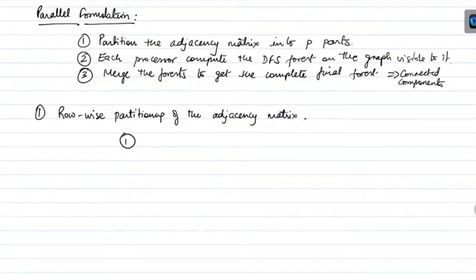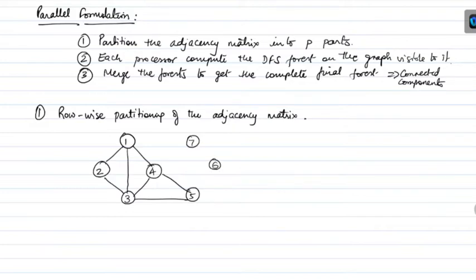I have vertices 1, 2, 3, 4. All right, so I have this graph. It has two connected components.